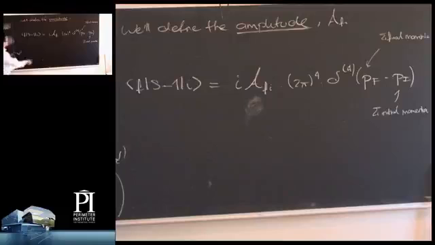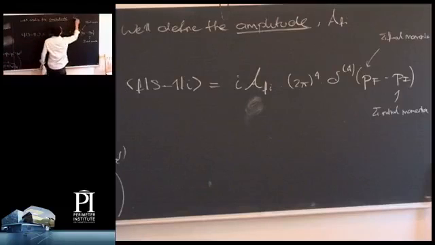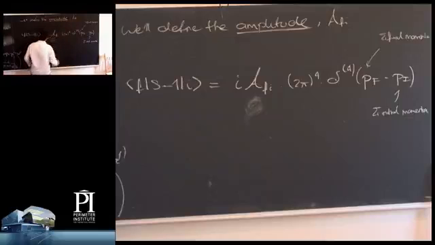And it's this thing here that we're going to call the amplitude. There's a factor of i here. This factor of i is in some sense purely convention, but it's there so that this amplitude agrees with similar things you would compute in scattering theory of non-relativistic quantum mechanics, which you've done already.